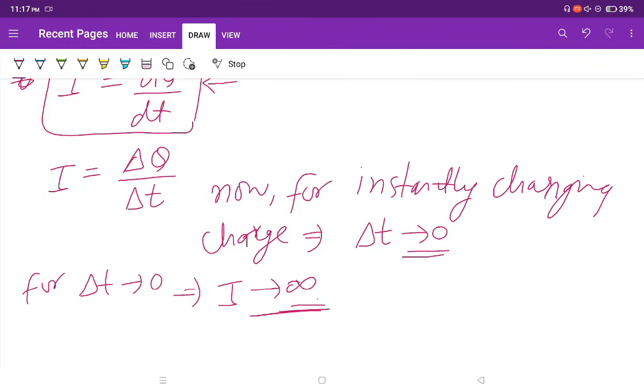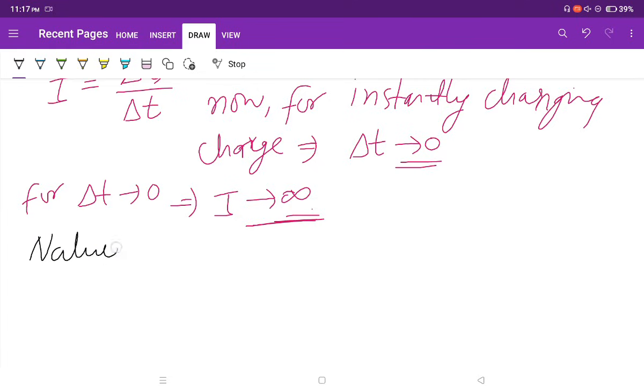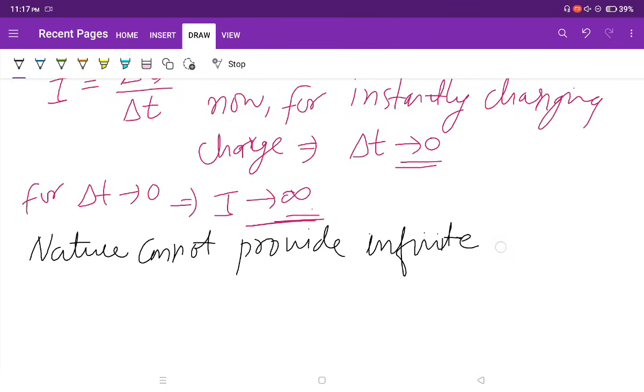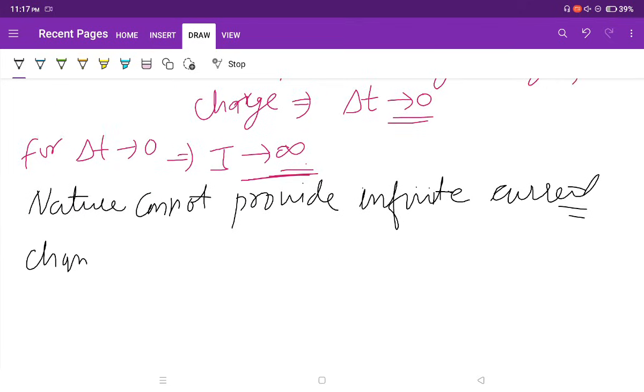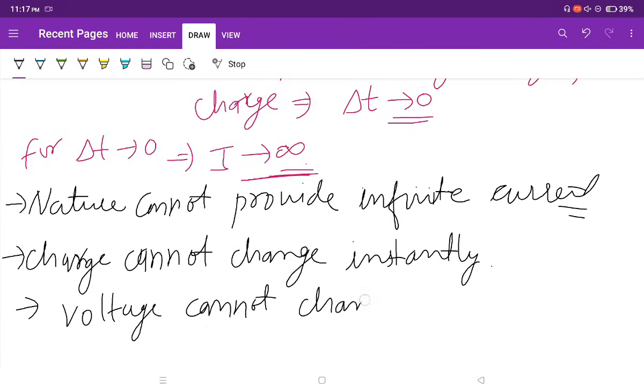But nature cannot provide infinite current. Hence charge cannot change instantly. And if charge cannot change instantly, voltage cannot change instantly, correct?